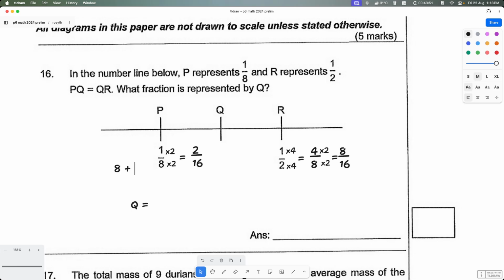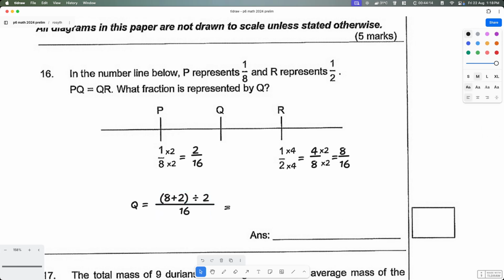8 plus 2 out of 16. In this case over here. Okay, and that is equal to, oh, we need to divide. Forgot about this. So let me just squeeze this in. Plus 2 plus, and then we divide by 2. Okay, wow. That's a long calculation. Make this middle. Okay.